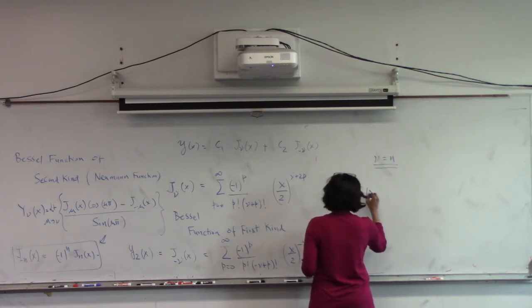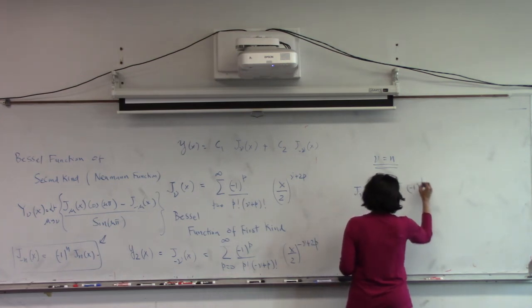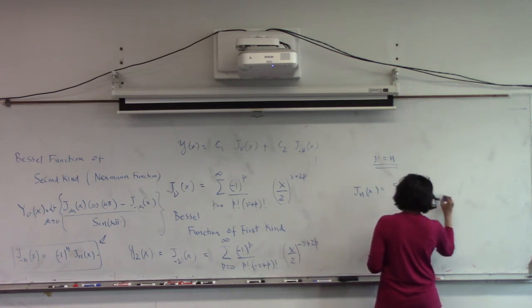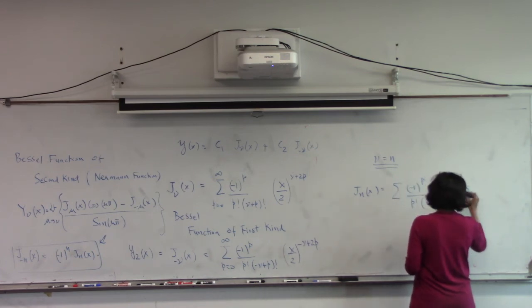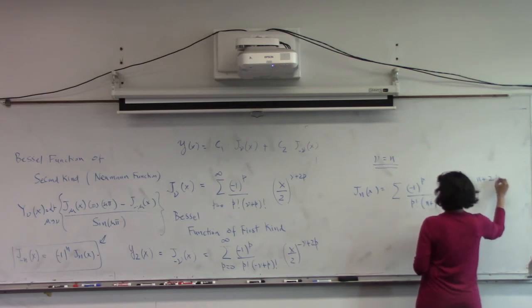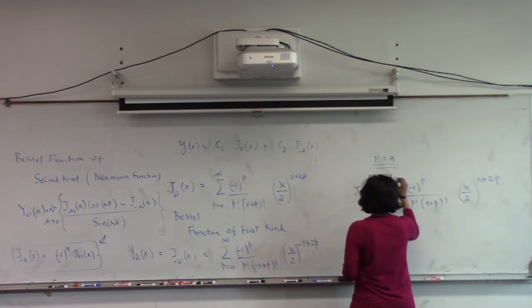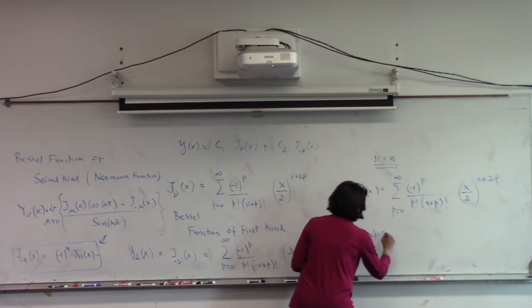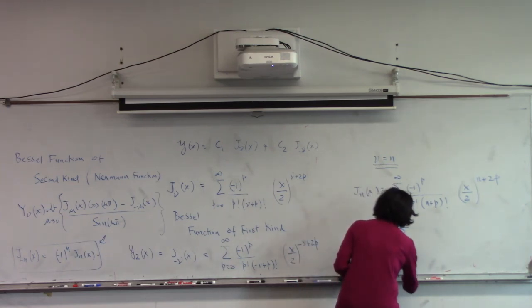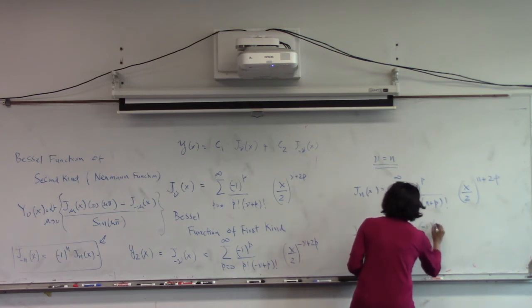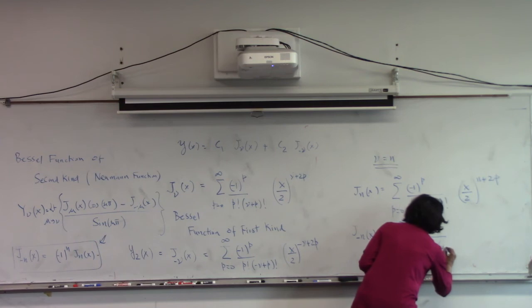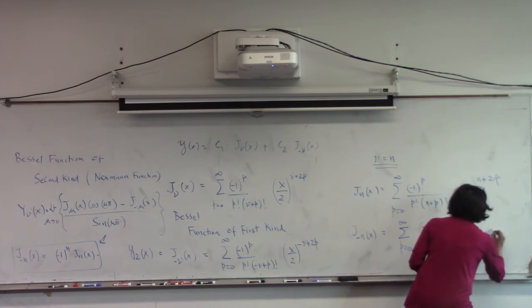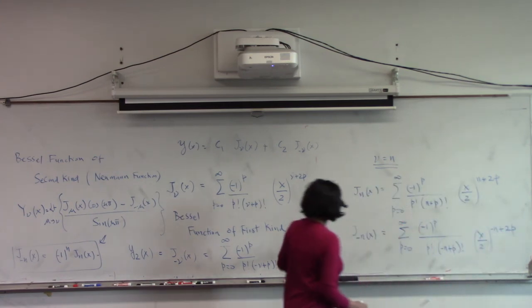So J n of x is given by this. So nu is now an integer, and I want to calculate J of minus n of x. So all I have to do is first change n to negative n, right? Okay, I can do that, right?